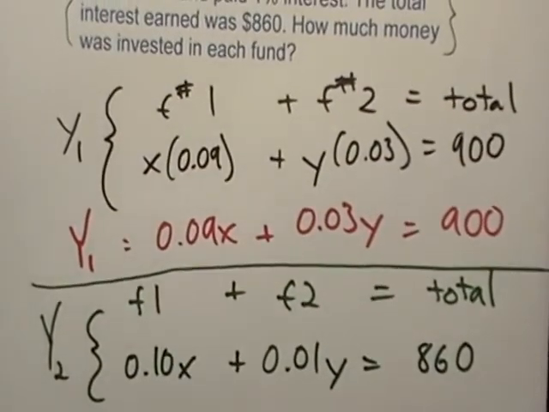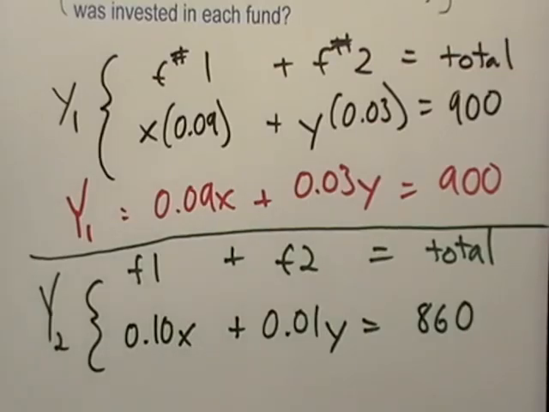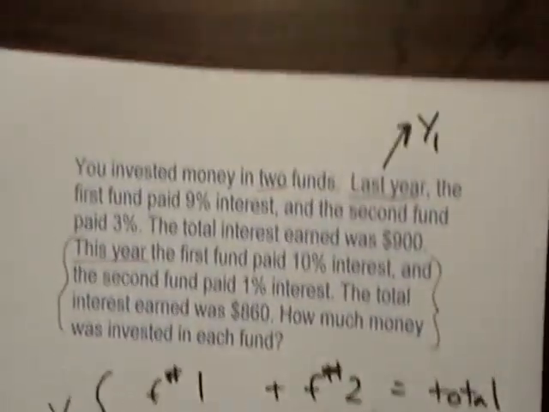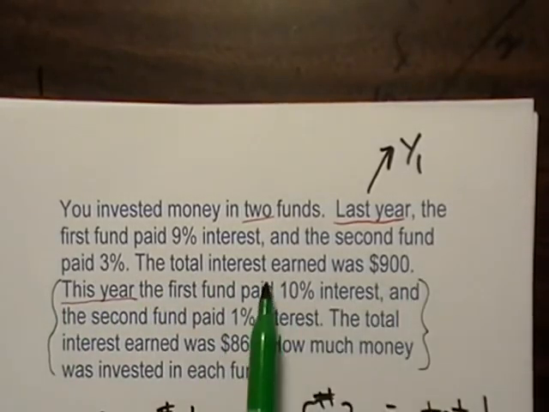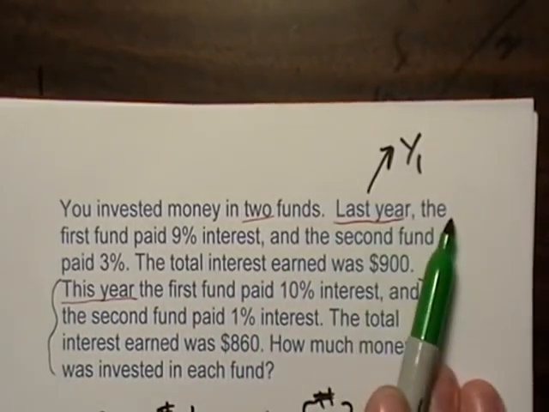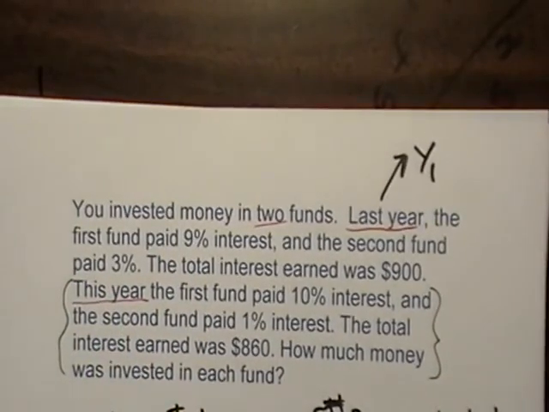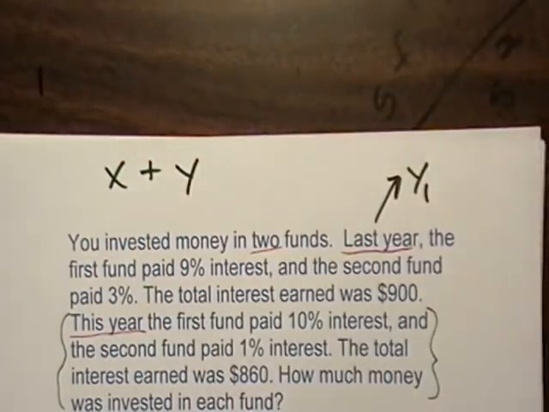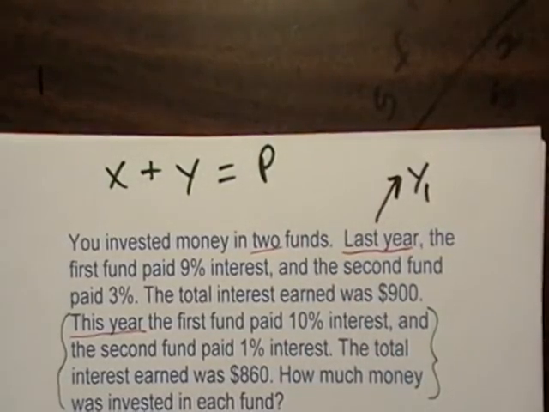So I've got my year 1 data right here, and I've got my year number 2 data, okay? And I hope you guys see how I found this out. Last year, the first fund paid 9%, the second one paid 3%. So I put X dollars in one fund, and I put Y dollars in the other. And that's actually going to be equal to my principal.